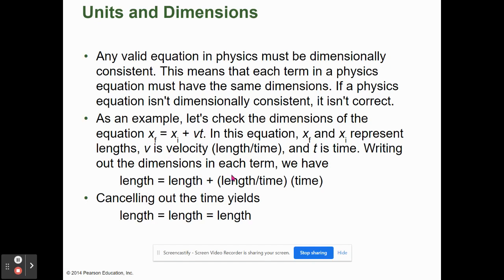V is length divided by time, that's our velocity, and then time, of course, is time. So when we do that, time cancels because you've got time on the top, time on the bottom, and that means we have length all the way across, which is what is supposed to happen. If you're doing a calculation and that doesn't happen, then you have used the wrong formula. So you've got to have them all come out to be the same dimension. And that's from yesterday.